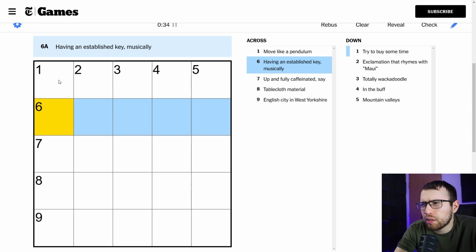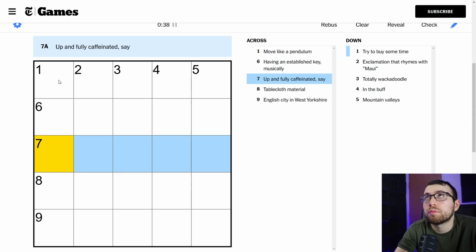Six across, having an established key musically. Do not know musical terms. Although, I should probably think real quick, because maybe it's an easy one. Having an established key. Is it something note? I don't know. Key.